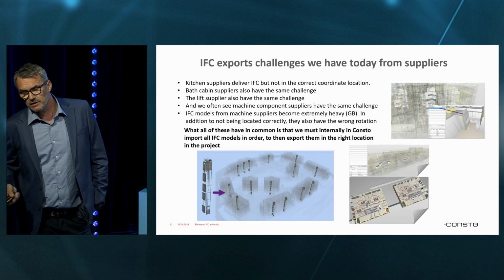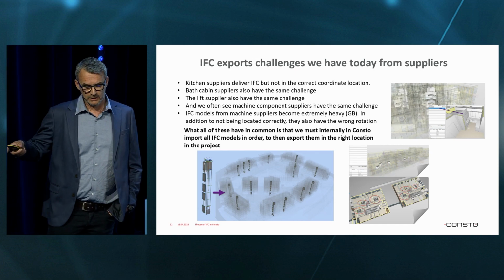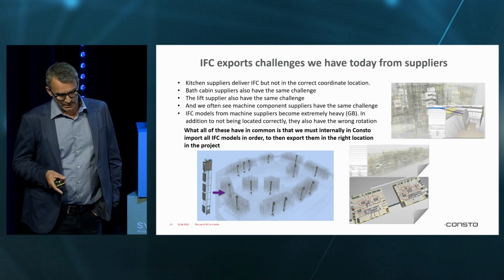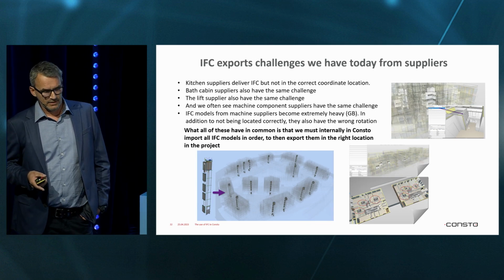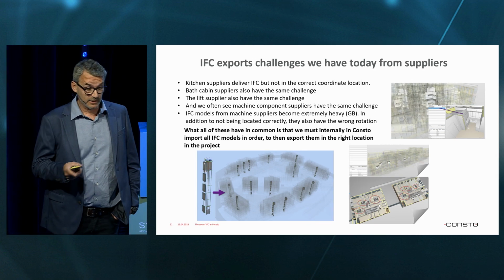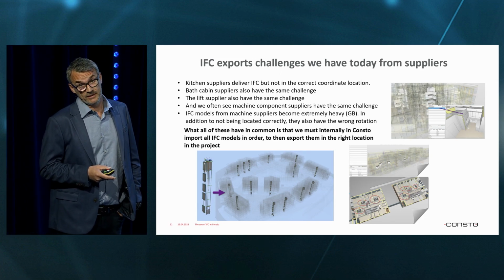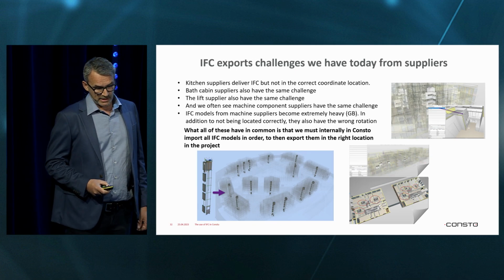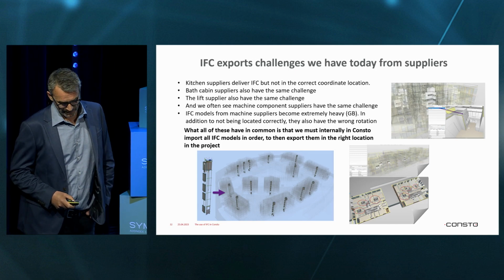They deliver the model, yes, but they can't deliver the model correctly into the main model. And so on from the machine suppliers also, it's very heavy data. I received one file yesterday. It was 1.5 gigabytes. It wasn't a big machine, but it's so detailed. So they have to do something to reduce the IFC.